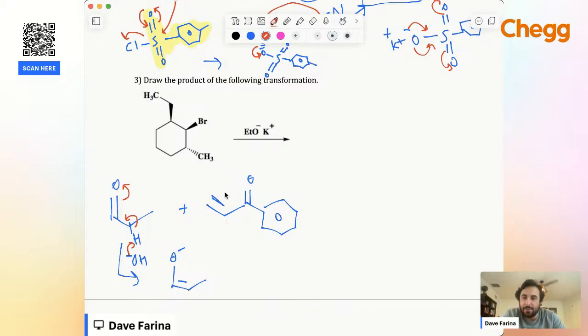And so think about the electron deficiency of this terminal carbon. That electron deficiency makes it a very electrophilic site, also because of sterics, right? It's more accessible because it's the edge of the molecule. So electronics plus sterics makes this the best spot for the enolate to attack. And so we get this.